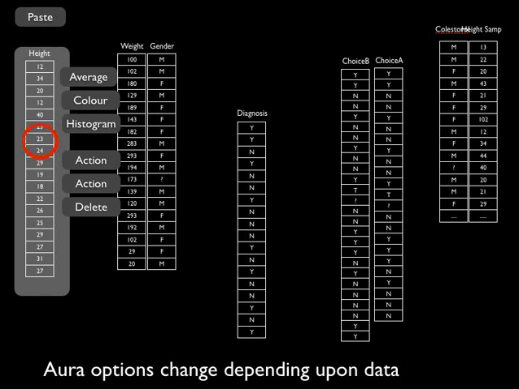If we click on another column, so this one has integer numbers, the aura changes the options. So some of the options are the same, sort of color, but then we might get other options like average or histogram. So the first direct combination aspect is if you single click on something, you get different auras appearing around it.